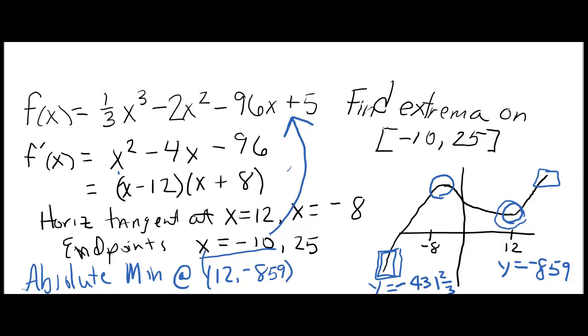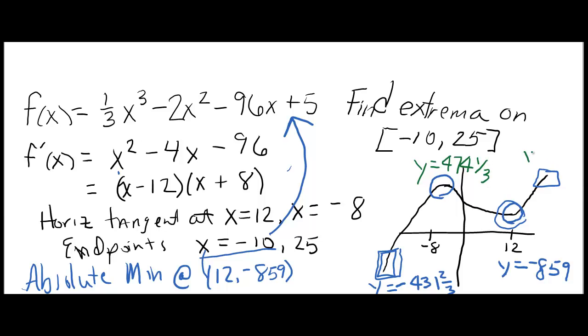Likewise, if we were to plug in the y values for -8 and the endpoint of 25 so that we could compare them, at -8 we have 474 and 1/3. Of course, I've already done this, so that's why I know what those are.